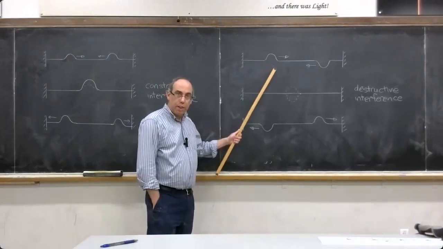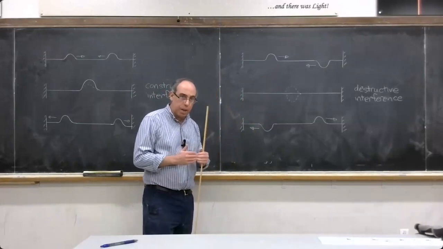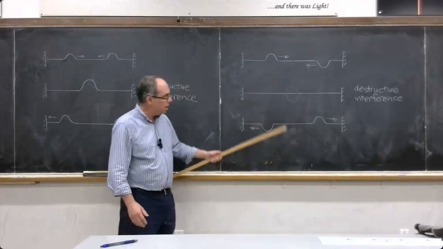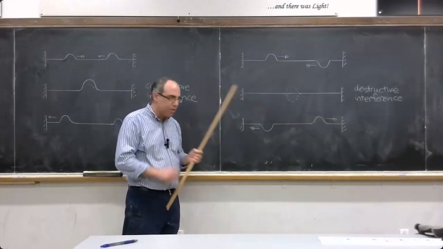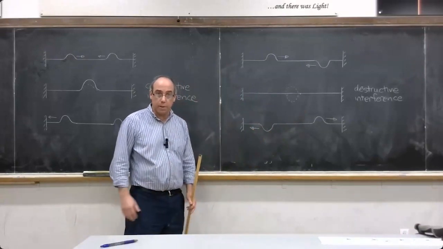Where two wave disturbances cancel, or at least partially cancel to make a smaller disturbance, we call that destructive interference. And then after those two disturbances overlapped and destructively interfered, each of those disturbances simply went on its way.